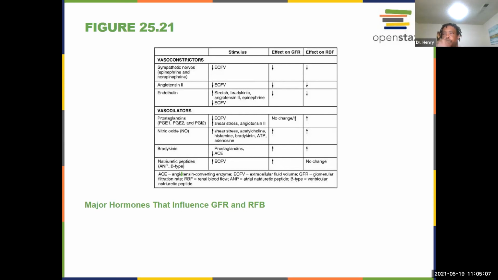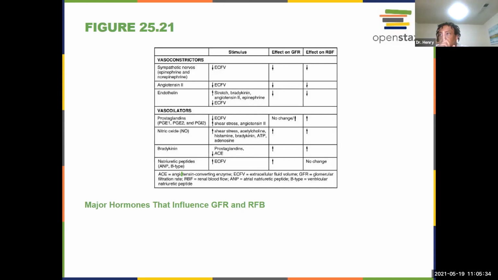Angiotensin 2, again, will cause a decrease in your extracellular fluid volume, decrease in your GFR, and also your RBF. And then endothelin also causes the same thing, but you're going to end up with an increase in stretch.